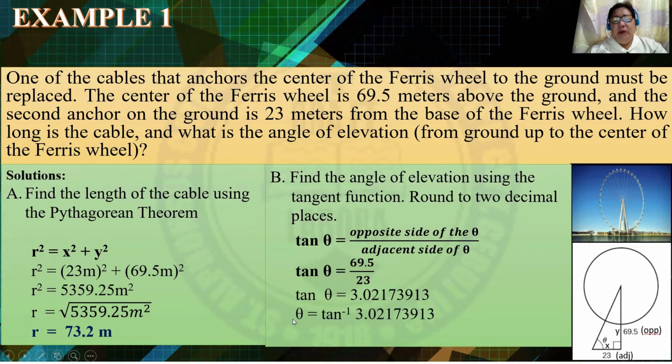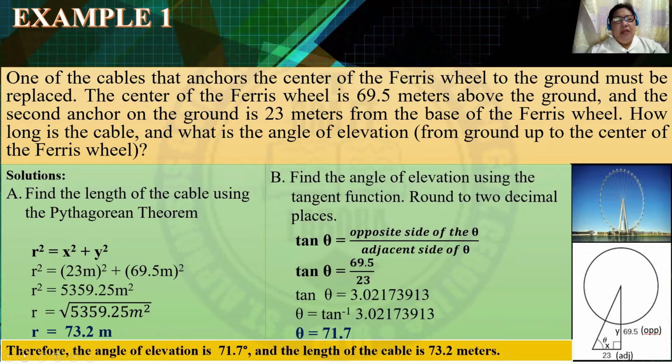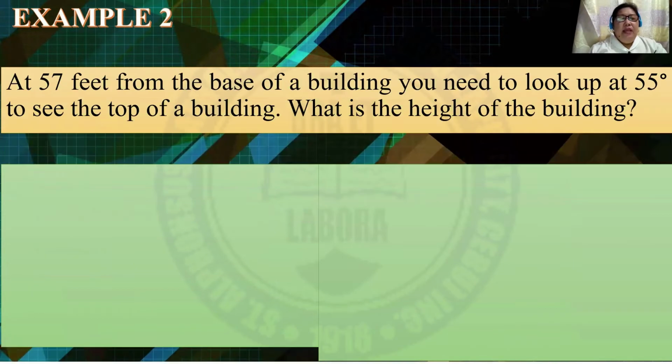Then we have to solve for theta using the inverse trigonometric function. So we have tan to the negative 1 of 3.02173913. So theta is equivalent to 71.7 degrees. Therefore, the angle of elevation is 71.7 degrees and the length of the cable is 73.2 meters.